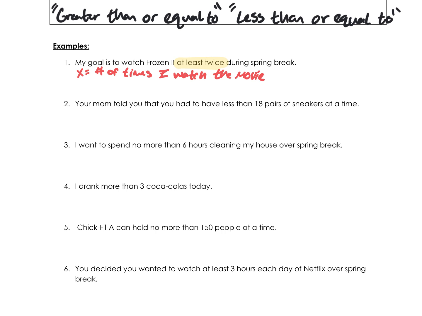Really, it's anything that is equal to 2 or bigger than 2, because you want to watch it at least twice. I don't want to be below 2. I want to be 2 or bigger. So the one that I would use here is greater than or equal to, because I want X to be equal to or bigger than the number 2.